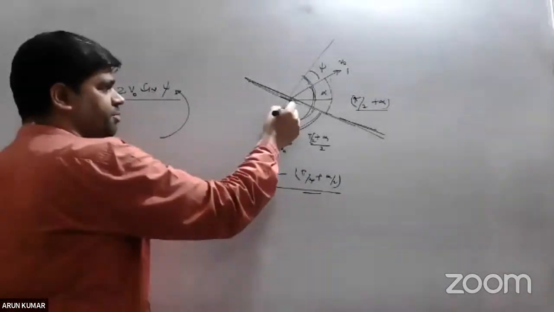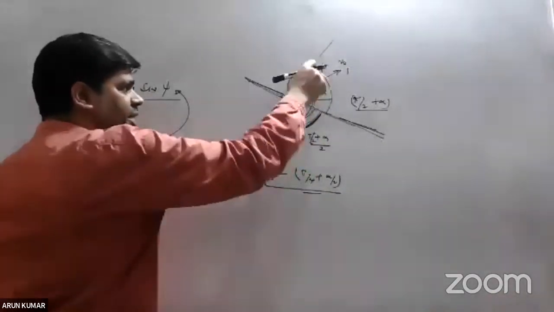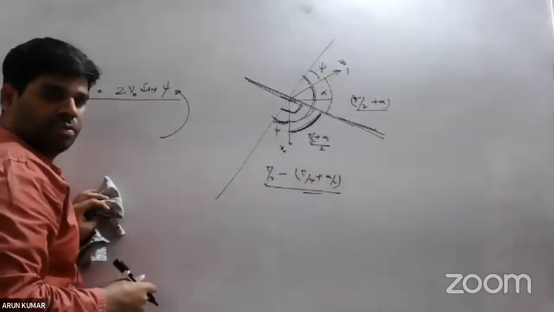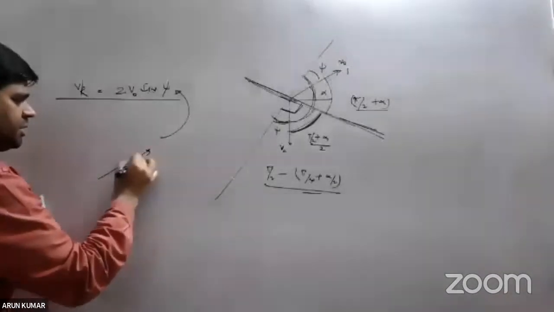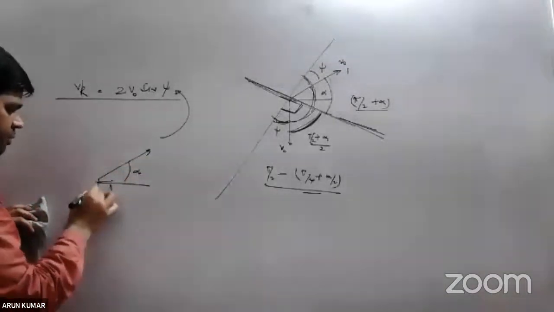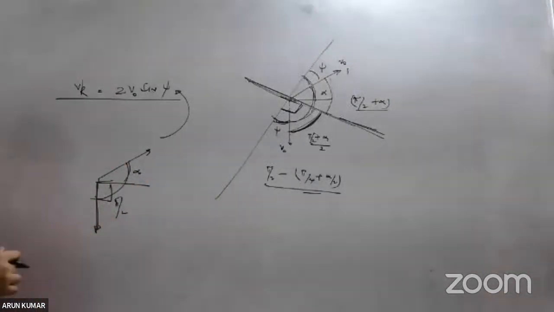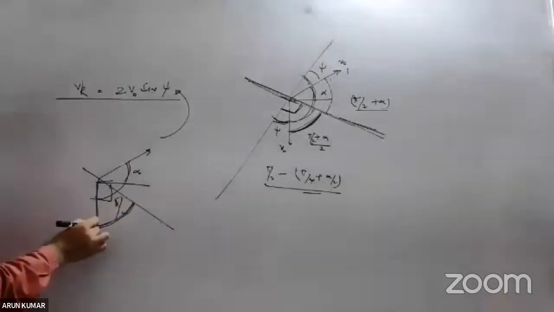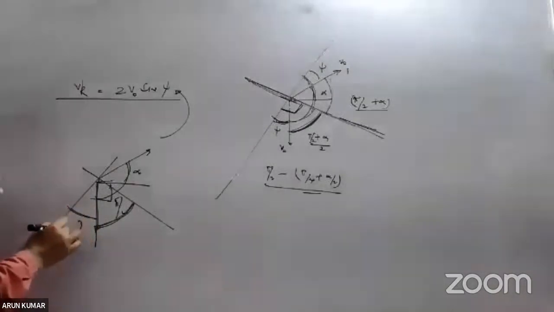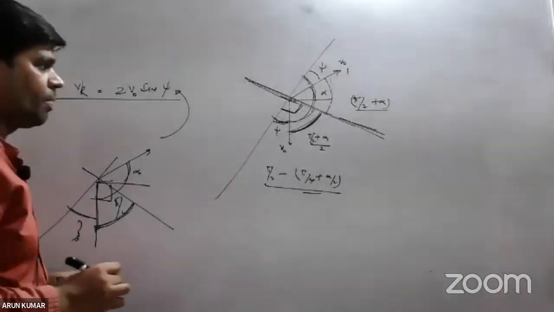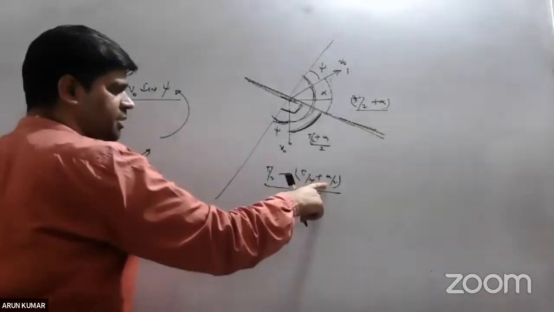Is this understood by everyone? Because this is pi by 2, I know this angle. How did this angle come? Total angle by 2 is this angle. What is the total angle? Pi by 2 plus alpha. Why is it pi by 2 plus alpha? This is alpha, this is pi by 2. That divided by 2 is my half angle. Pi by 2 minus the half angle is my required angle psi. So pi by 2 minus pi by 4 is pi by 4, minus of minus is plus, minus alpha by 2.